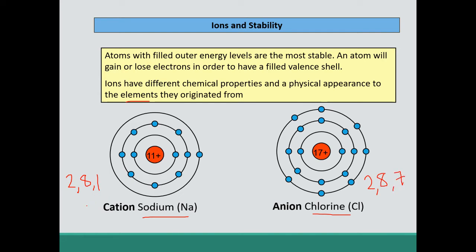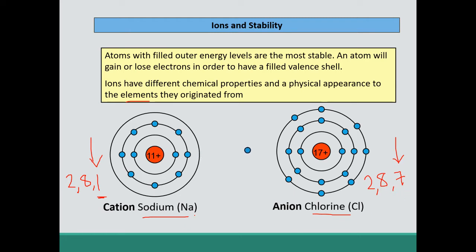So that means sodium has 1 valence electron and chlorine has 7 valence electrons. Sodium atoms, to get a full outer shell, are more likely to lose this 1 outer electron, whereas chlorine is more likely to gain 1 electron to form a full outer shell of 8.